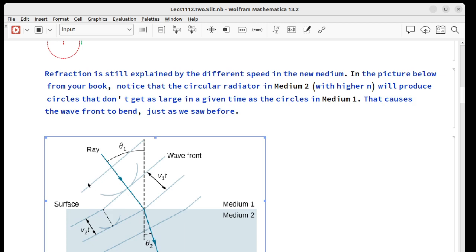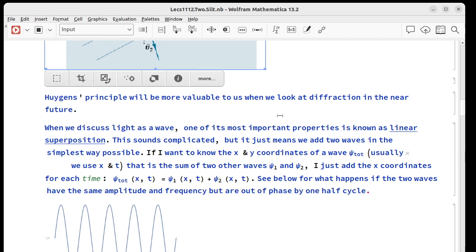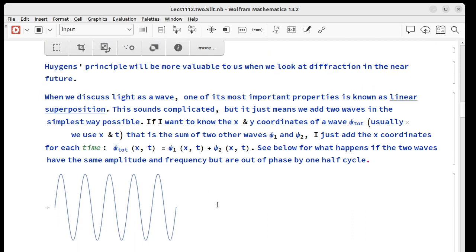And if we imagine drawing these little circles everywhere and connecting them, we'll see these wave fronts move just like the wheelchair axles that we drew. When we get down here into the new medium where the velocity is slower, these circles are smaller, and that bends the wave front. It'll be more useful to us when we look at diffraction, which is going to be something we'll do soon.